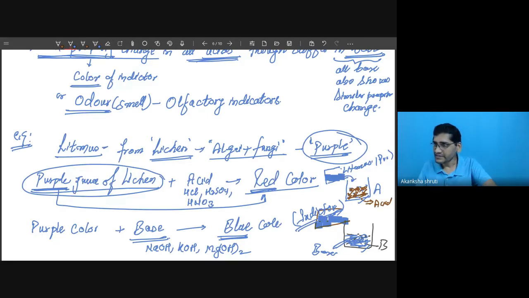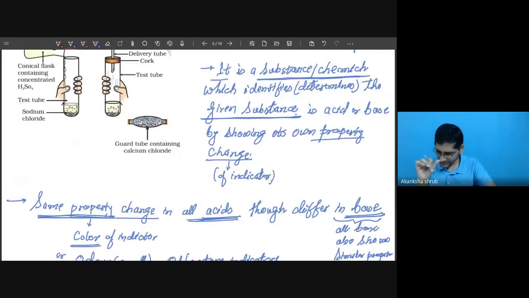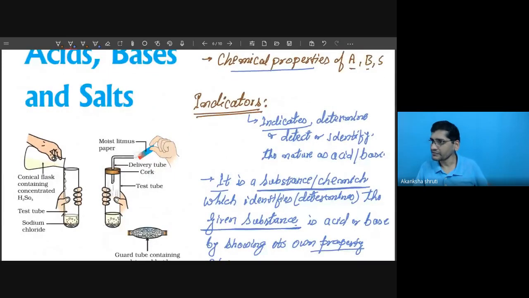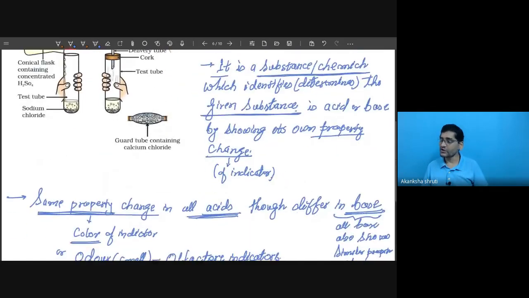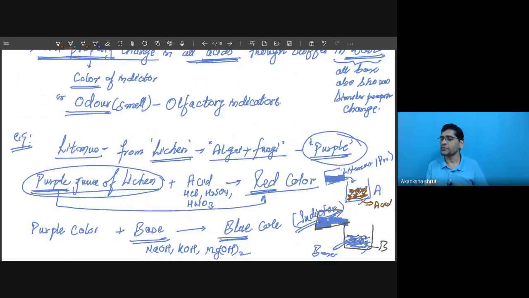Now, what are the various types of indicators available? That we have to learn. So students, an indicator is nothing but a chemical which shows its own property change when added with acid, and also shows its property change when added with base. With all acids, it will indicate only one kind of property change, like a change in color.